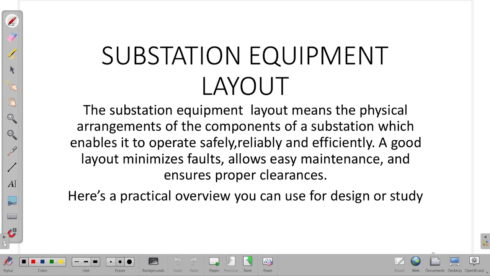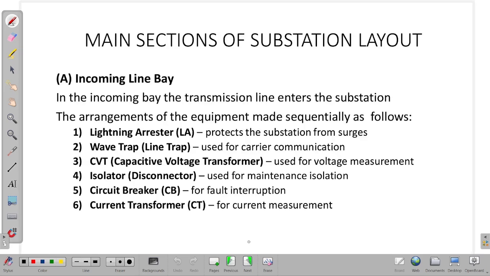Now we'll see the first section in the substation.